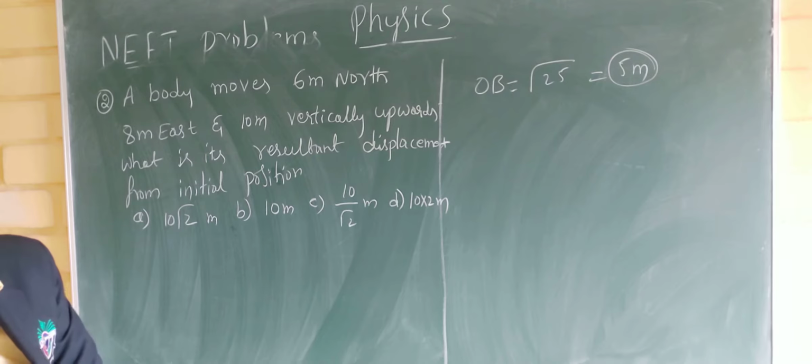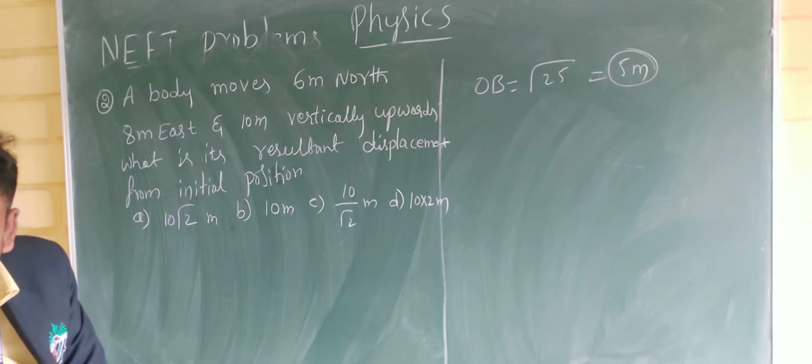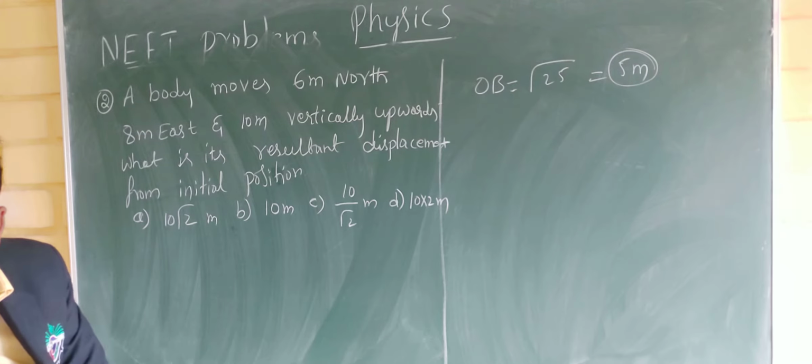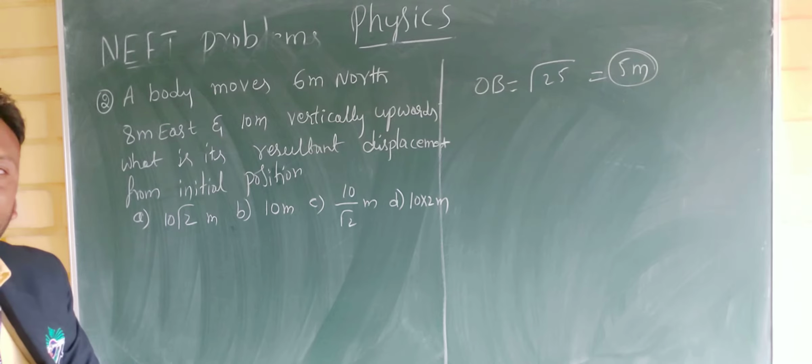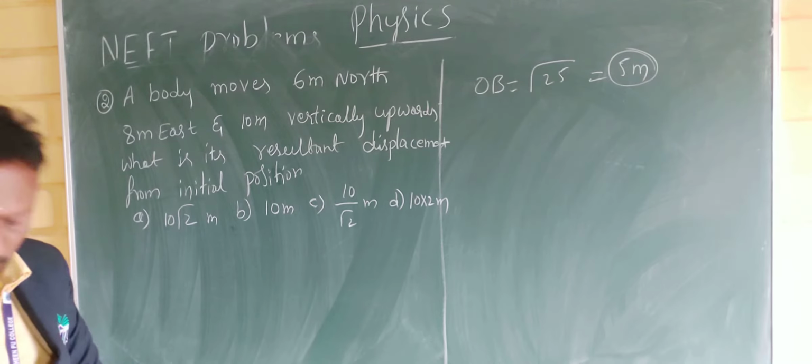A body moves 6 meter north, 8 meter east and 10 meter vertically upwards. What is the resultant displacement between the initial and final position of the body? How to calculate?